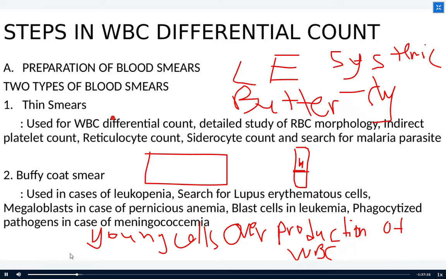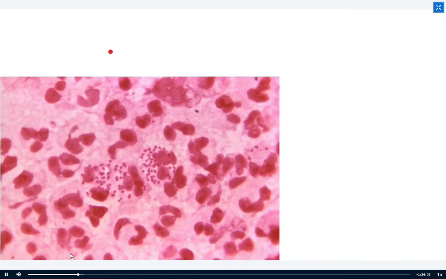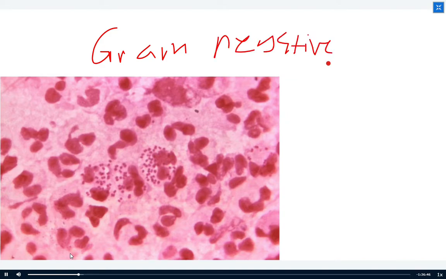Class, follow-up question. Your Neisseria meningitidis, what is the gram stain reaction? Alright, so gram negative. Now, your Neisseria meningitidis, class, are gram negative. Intracellular. So, inside the cell.